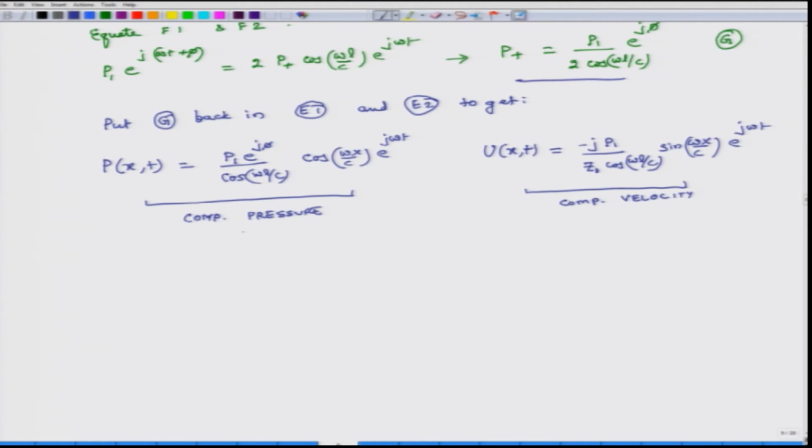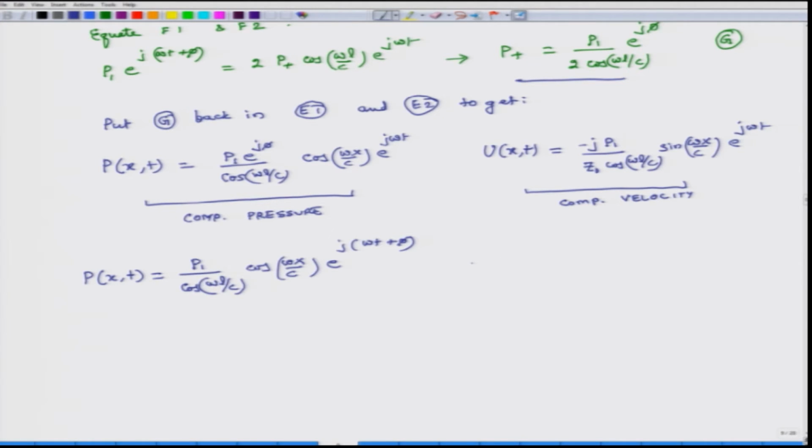And I can further simplify this somewhat by writing complex pressure equals P1 divided by cos(ωL/c) cos(ωx/c) e^(j(ωt+φ)).